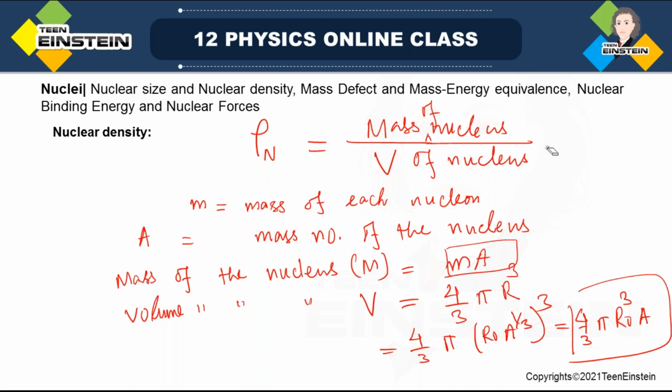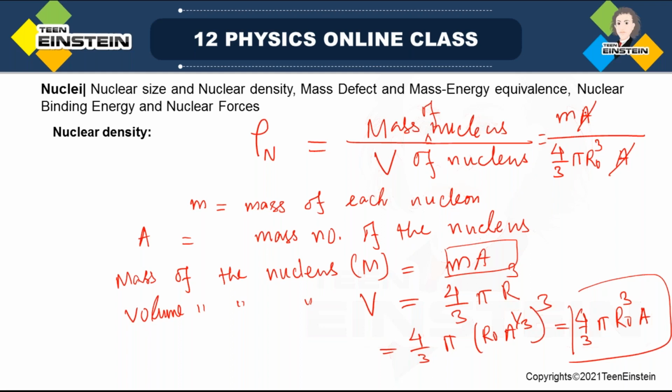Now let us write it here. What is the total mass of the nucleus? Small m into capital A. And what is the volume? This is the volume, right? So look here, this density.